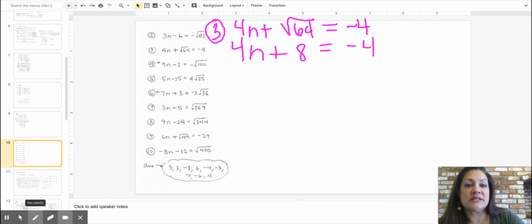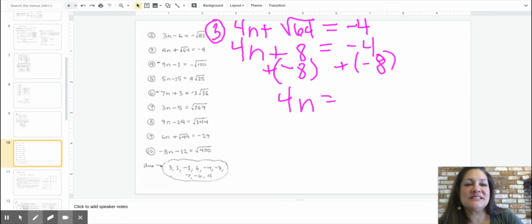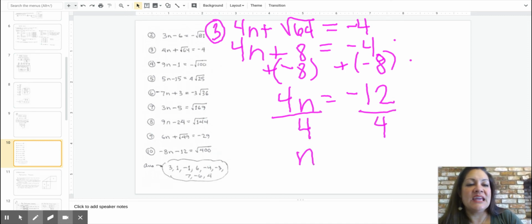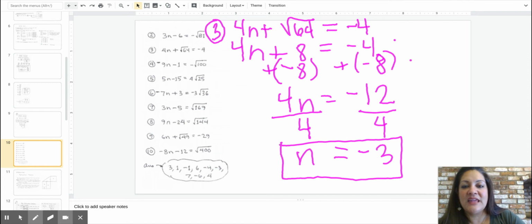So I'm going to add negative 8 to each side. Funny 8 right there. 4n equals, if I have a negative 4 and a negative 8, that gives me negative 12. Divide both sides by 4. N equals negative 3. And there's my answer.